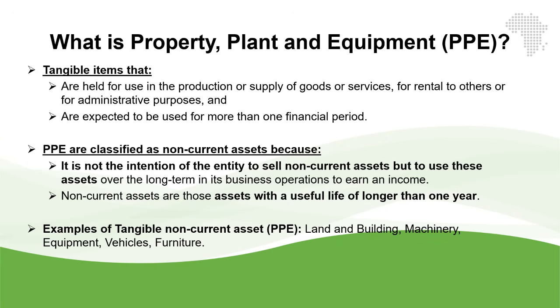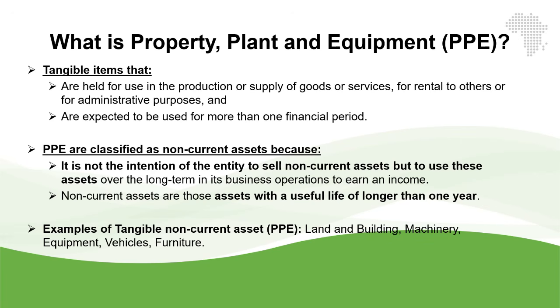So by this statement, we are not saying that property, plant, and equipment cannot be sold by the business if they feel like it's no longer useful for them. They can sell it. But what we are trying to clarify here is that when they bought the assets, the intention was to use it in order to support their business operations, not to sell.